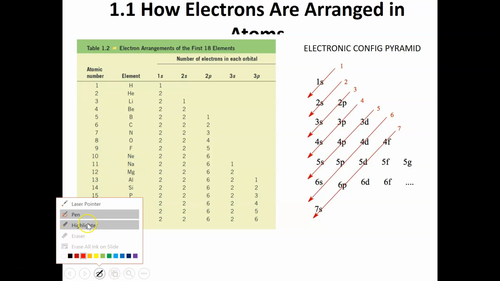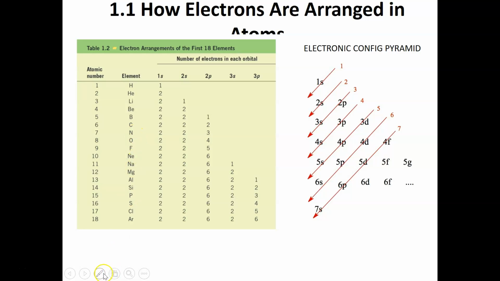So we need a pen. It happens that neon has atomic number of 10. So if neon has atomic number of 10, we'll first of all go through 1s.